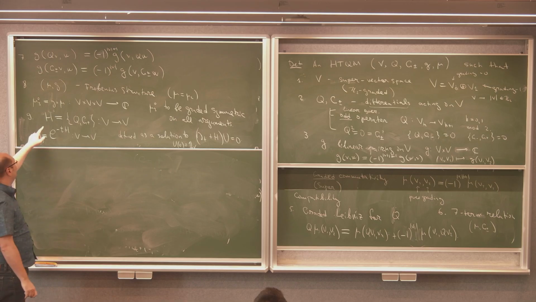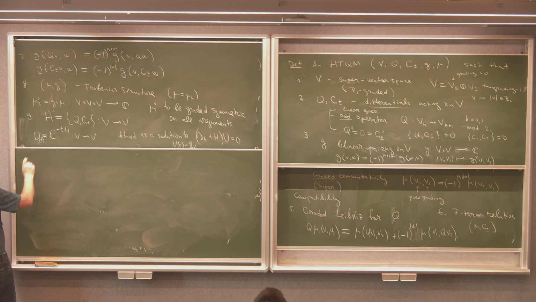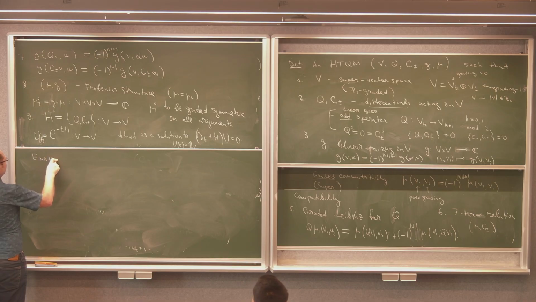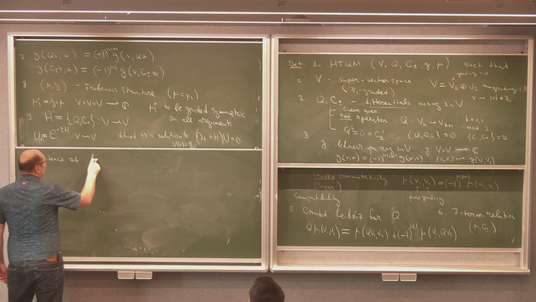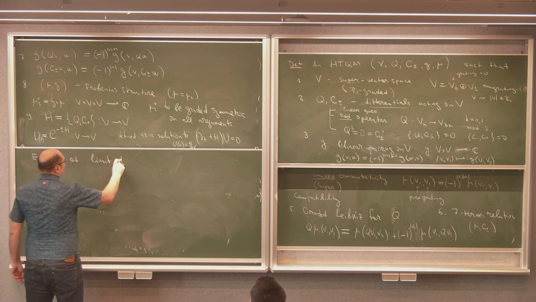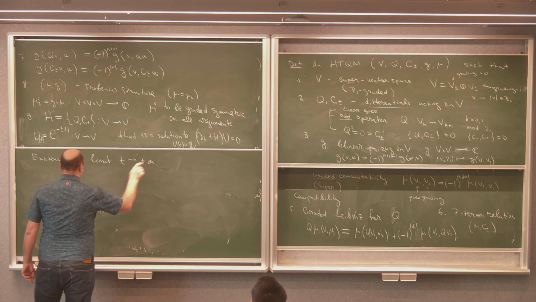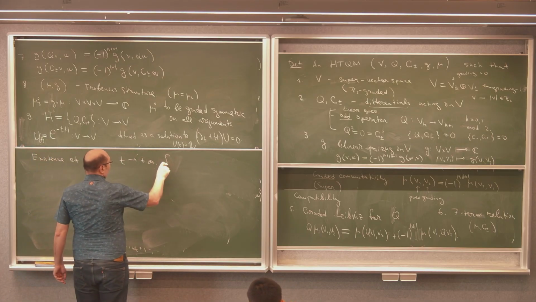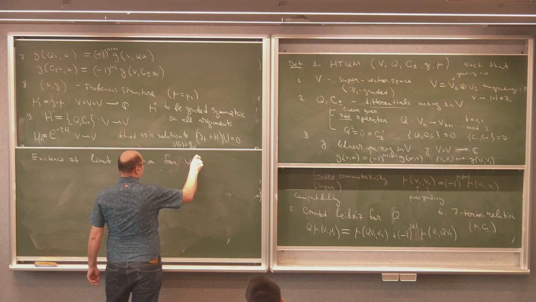Okay, so we defined the Hamiltonian, we defined this exponential operator, and now what we want is existence of the limit as t goes to plus infinity for U of t.